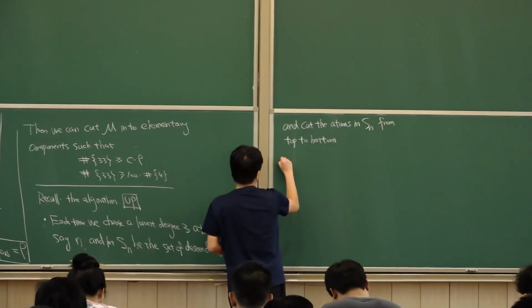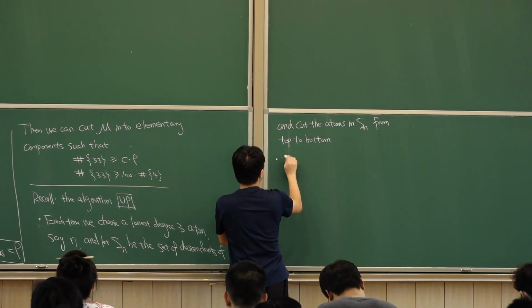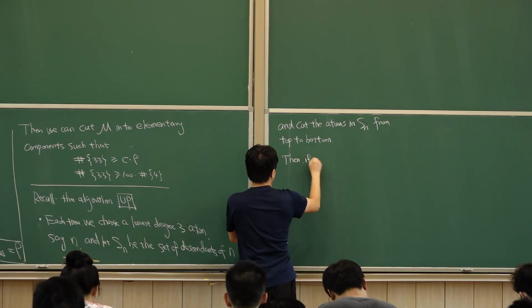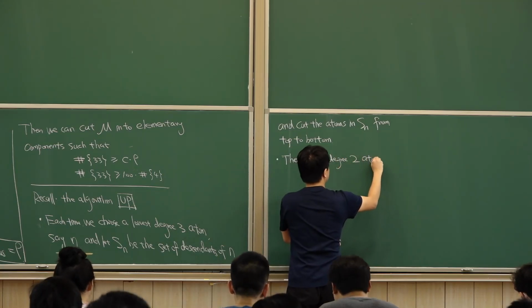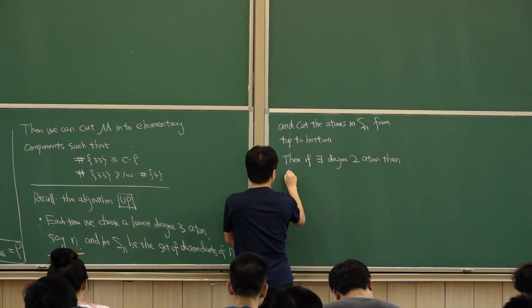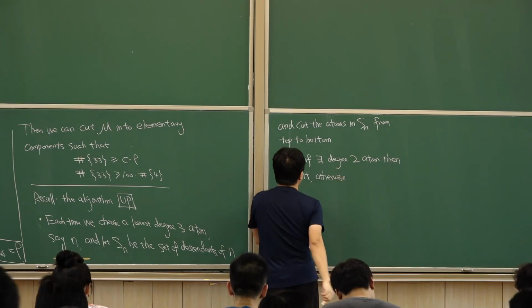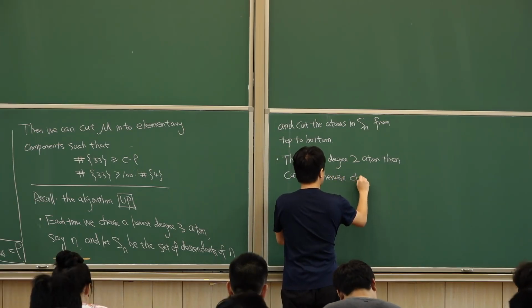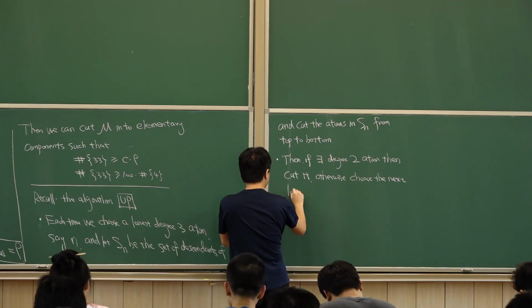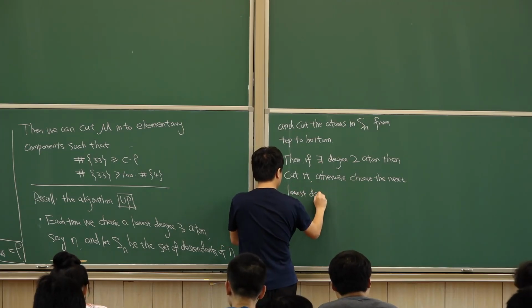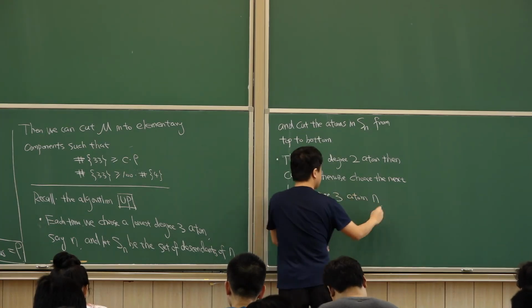And then if there exists a degree 2 atom, cut it. Otherwise, choose the next lowest degree 3 atom and repeat.